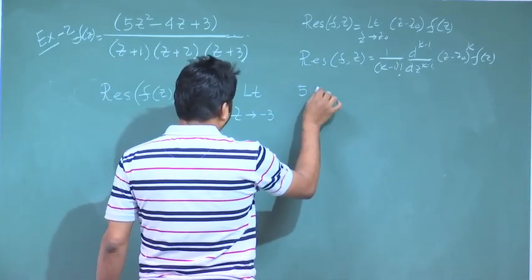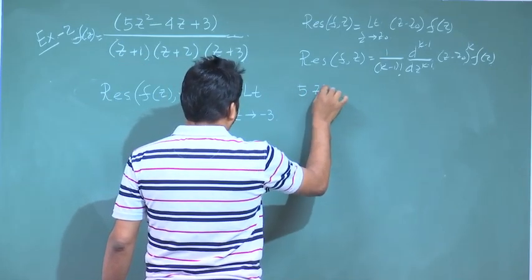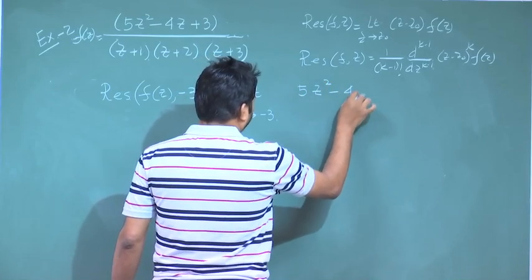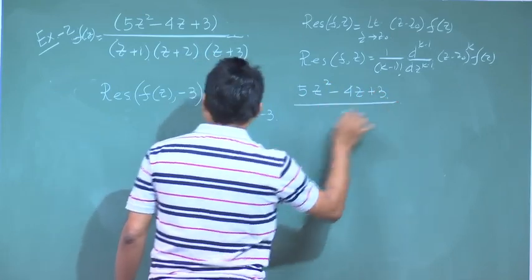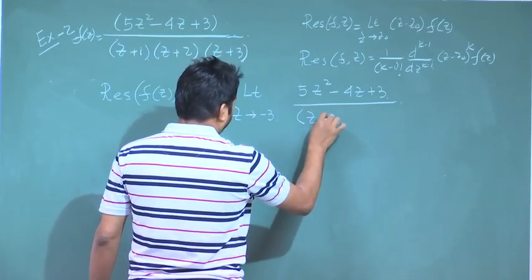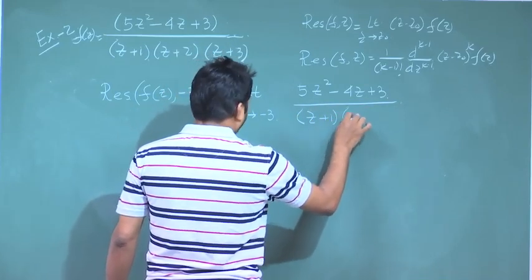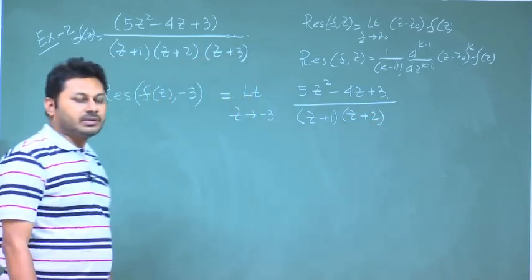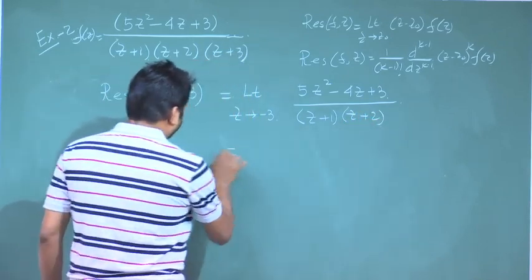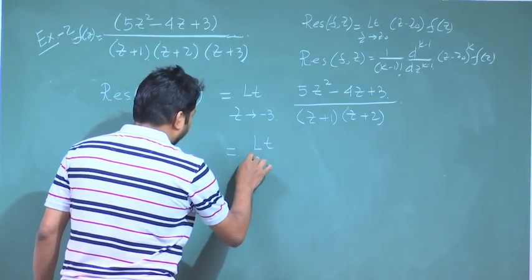So, I have the function, whatever the function is given, 5z square plus 4z plus 3 divided by z plus 1 and z plus 2. This term is in my hand, and then I put the limit directly.